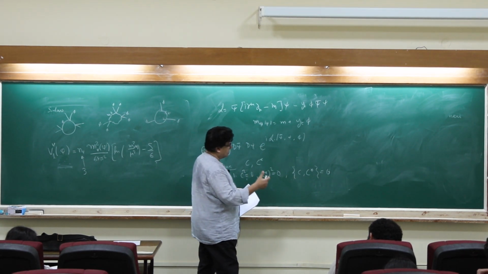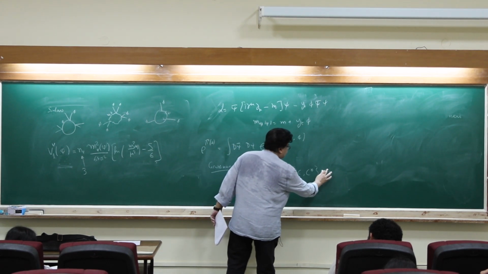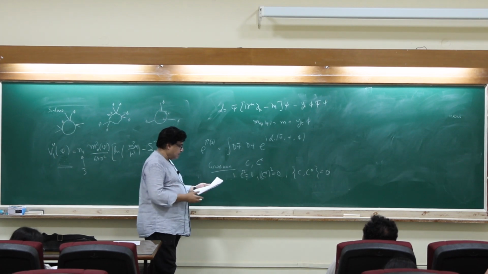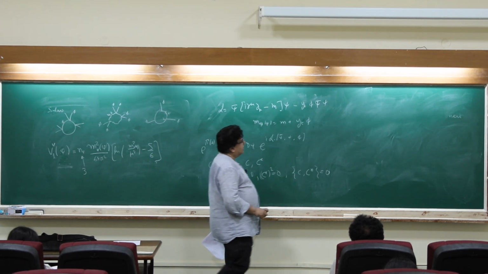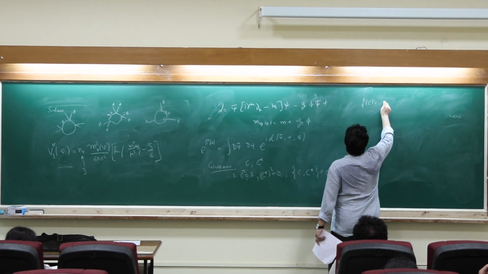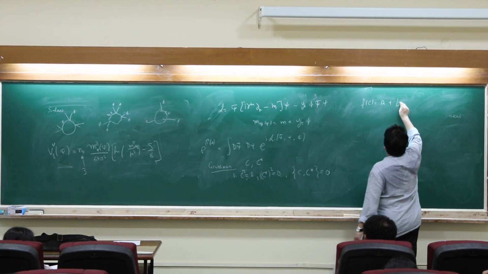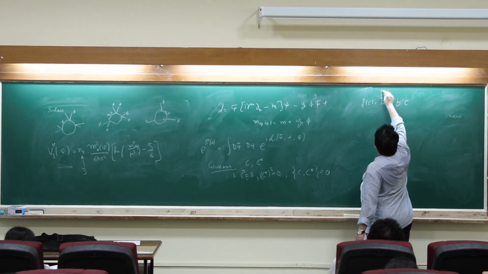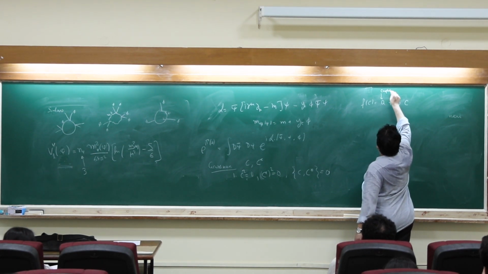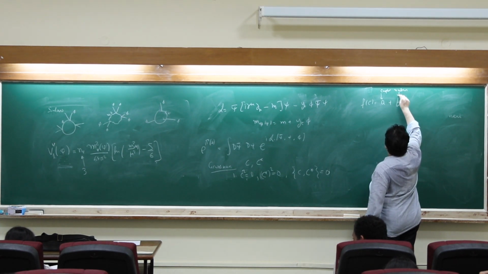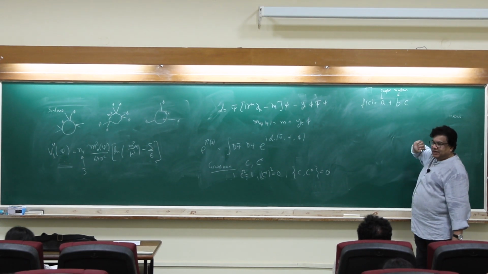Okay. When you interchange, it changes sign. So that's the property of these numbers. Now, clearly, any general f of C can be written as A plus B C, where A and B are complex numbers and C is your Grassmann number.